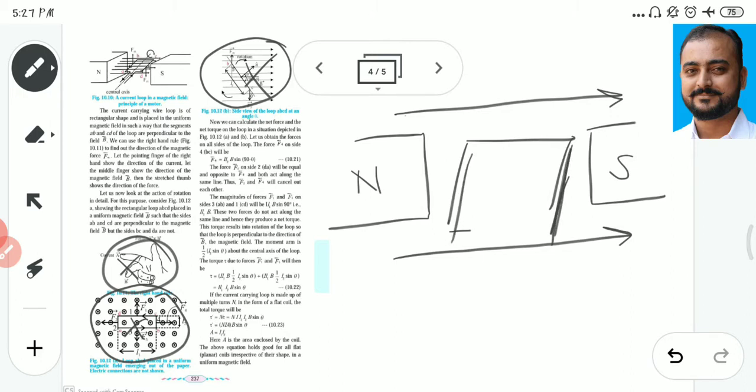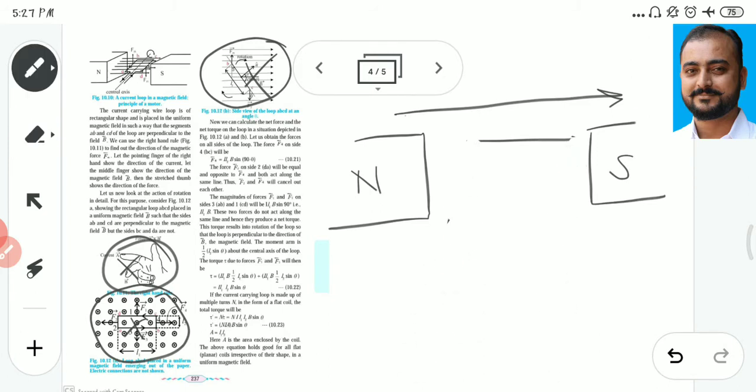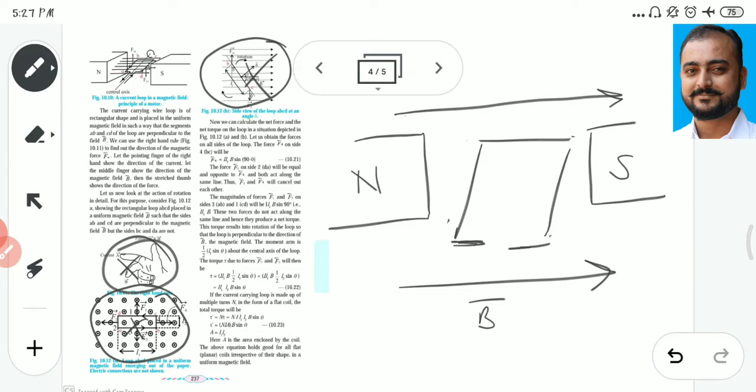Let's suppose this is the length. I have to repeat the figure. So it will represent the magnetic field. This is the loop. This loop has a break here to make a connection to the battery.